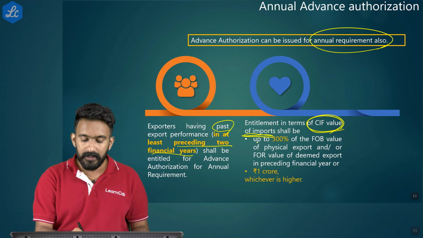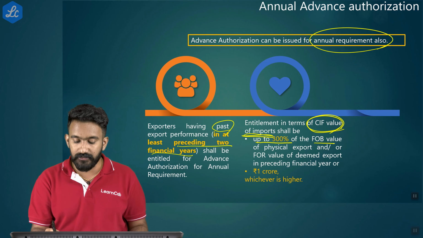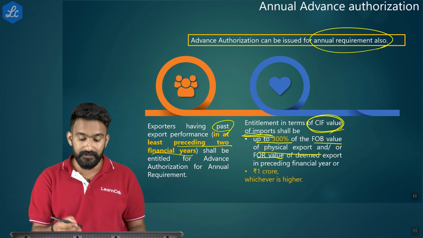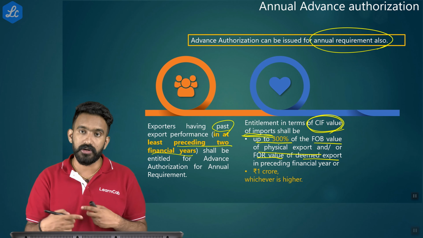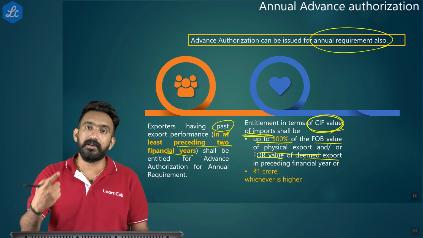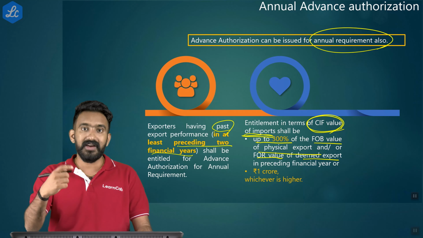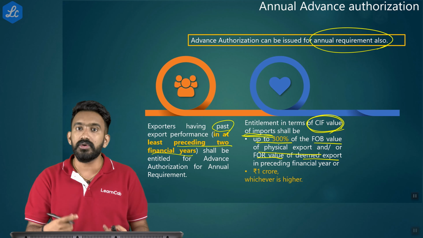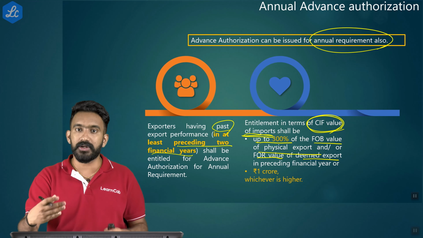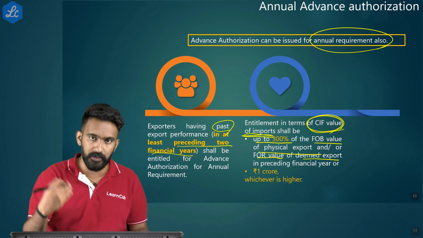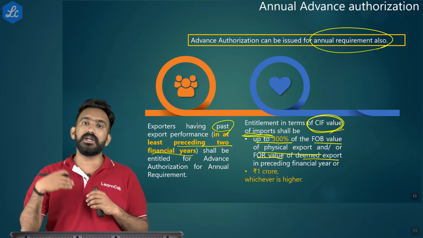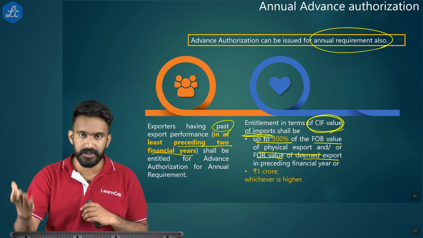One is 300% of the FOB value of physical export and/or free on road (FOR) value of deemed export. Because in deemed export I am not doing an export really, so I don't have an FOB value; rather I'll have a value to the place of dispatch of my goods to the person who's going to export. Think of it: I'm giving it to an EOU, they are going to export.